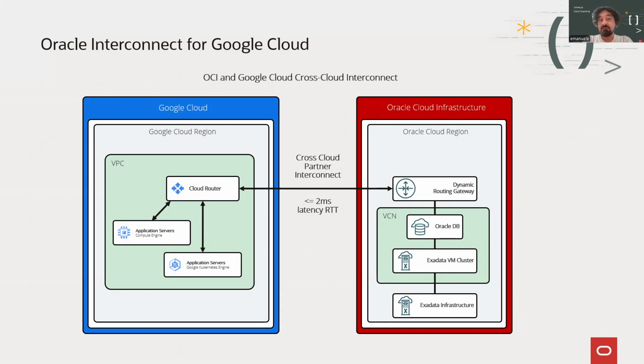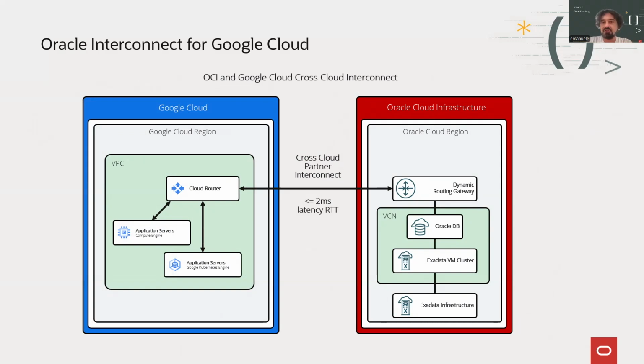And you have a Cloud Router, which is a regional entity, and the Cloud Router sits in the same region where you create the attachment. In the demo, you will see that we use the Europe Southwest region, the Madrid region, for both Google Cloud and OCI. Cloud Router is a BGP speaker. It's not doing data plane, it's only doing control plane.